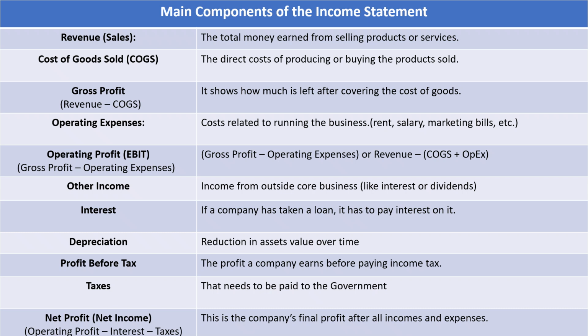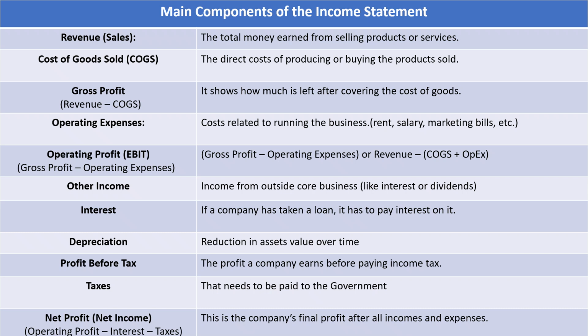Then we have operating profit, also known as EBIT. EBIT stands for earnings before interest and taxes. Now, to calculate the operating profit, we subtract operating expenses from gross profit. There is another way to calculate operating profit, which is revenue minus, in brackets, COGS plus operating expenses.